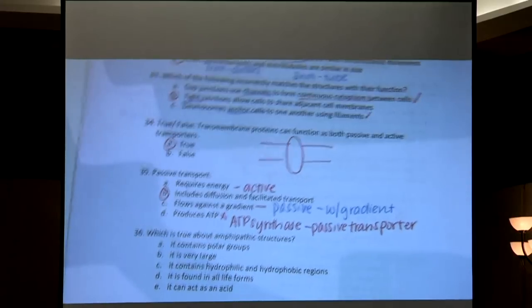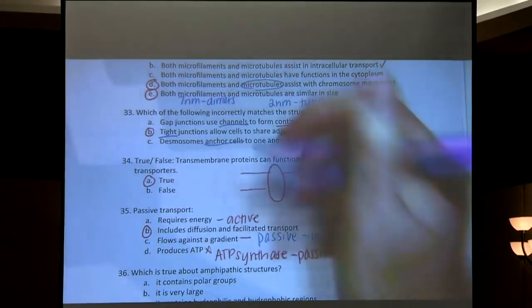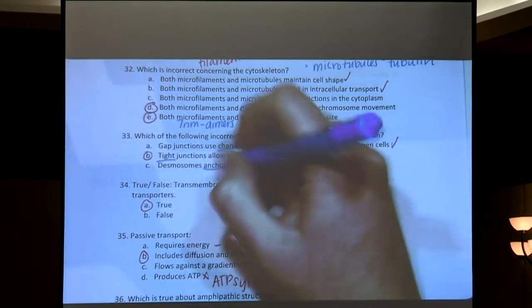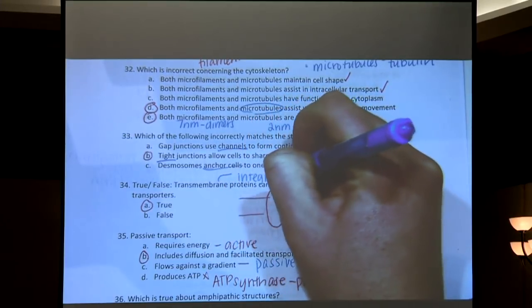Real quick, what other types of proteins do we have that are associated with our plasma membrane? We have our transmembrane proteins. What else can we call those? We can also see them referred to as integral proteins.